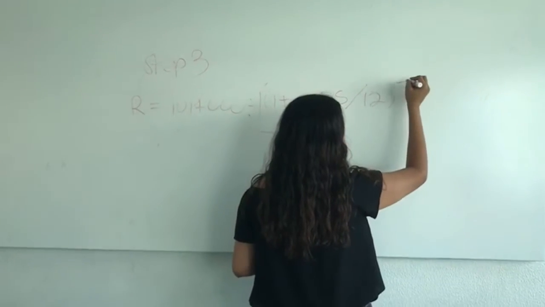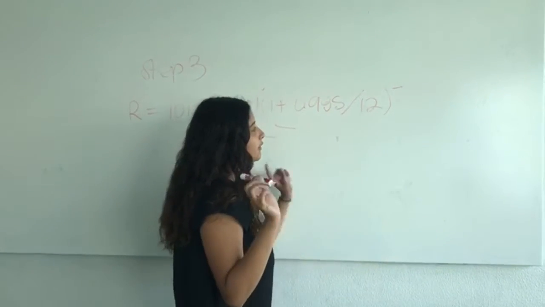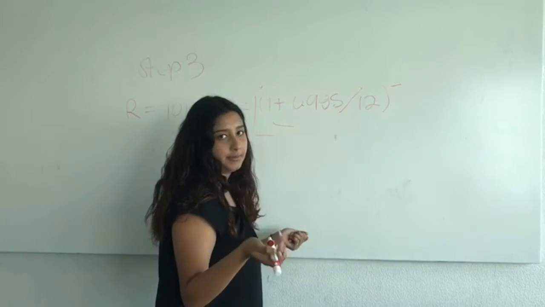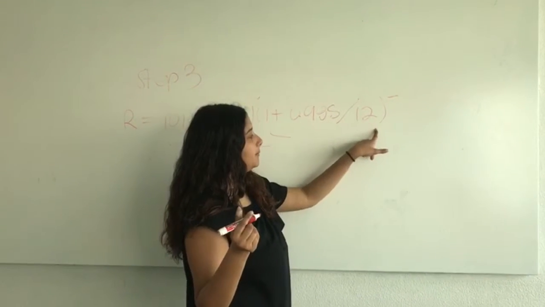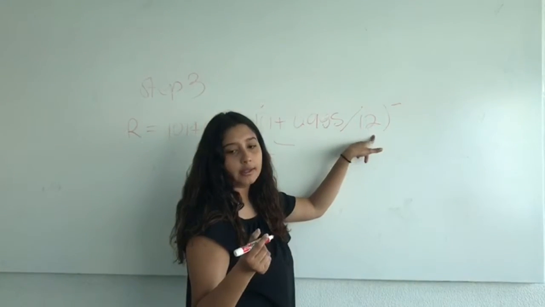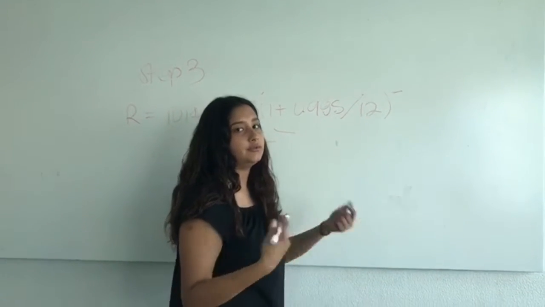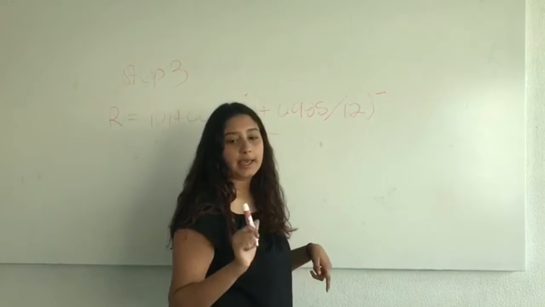All of this to the minus the number of payments, and the number of payments is how it's compounded and how many years we'll be doing this regular payment, and that will be 8 years.